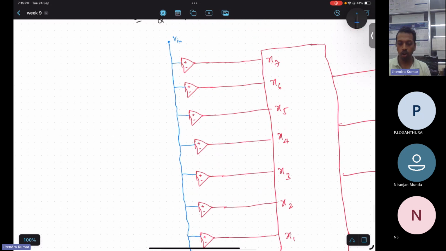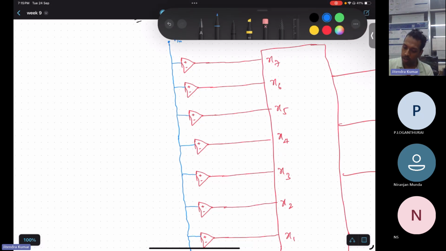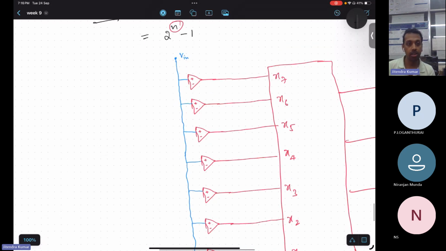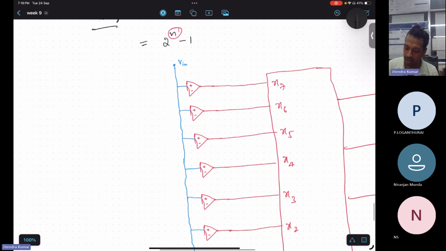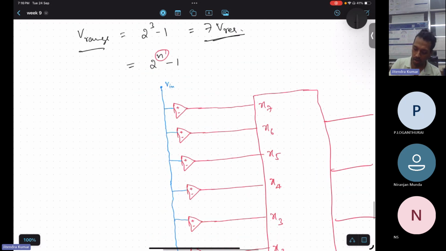So all the non-inverting terminals are connected with our supply. Now what will happen to the inverting terminal? The resistances will be connected in such a fashion that any comparator will provide you high. So let me draw first.